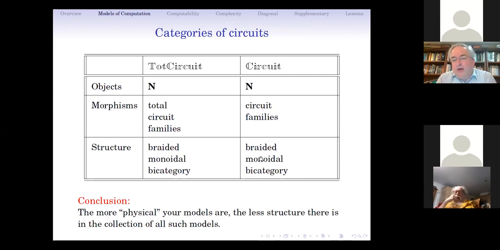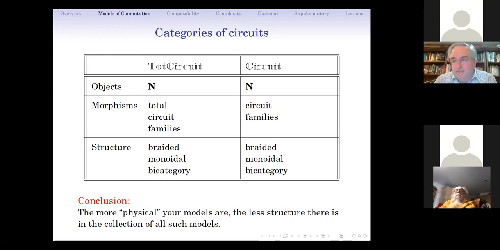Braided monoidal bicategories. This also fails to be a category for the same reason. Yes, you can compose circuits, but the composition is not associative. And moreover, the identity circuit, which just takes n input strings and outputs n strings, basically straight lines, you can easily compose with that circuit, but that's not the same thing as the original circuit.